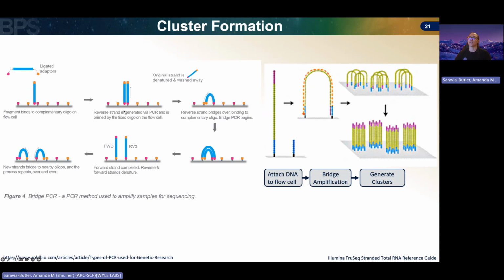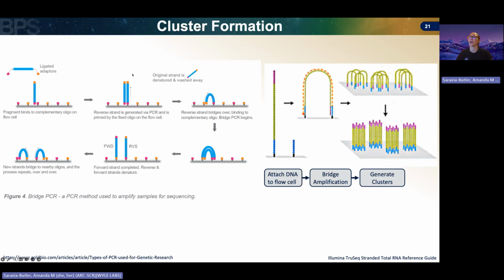And now this nice covalently bonded insert that has your adapter regions is then going to fold over and hybridize, right? So hydrogen bond to its, if that's P7, then this would be P5. And then once it is hybridized there, that acts as a priming region. So that way it'll recruit polymerase, which will make a copy in the other direction, right?